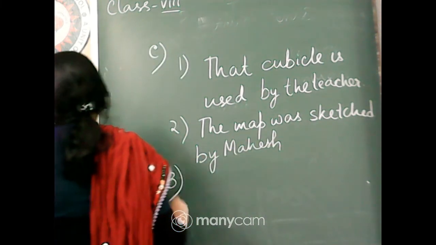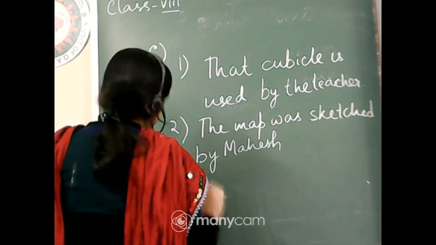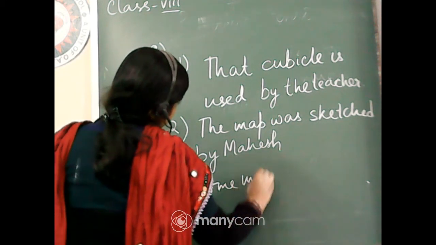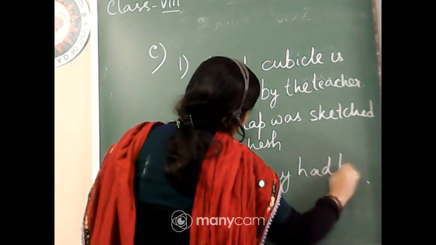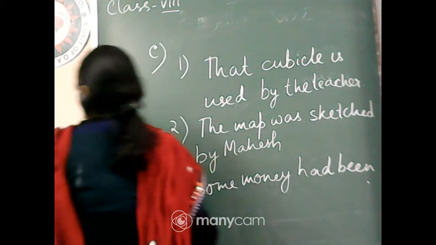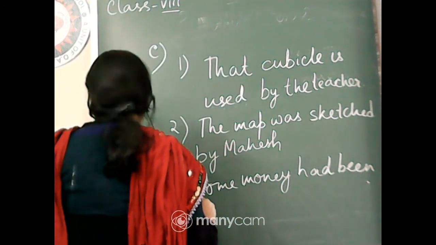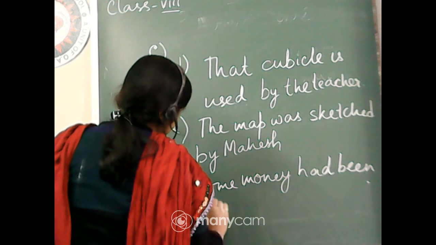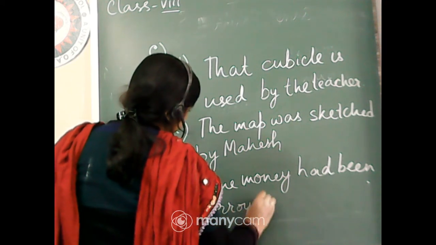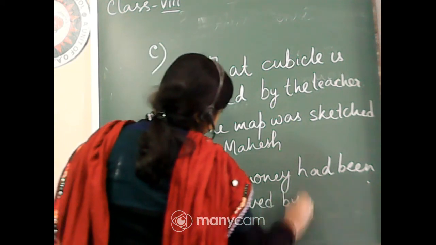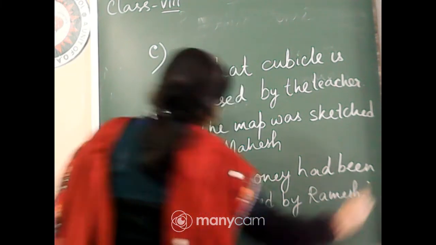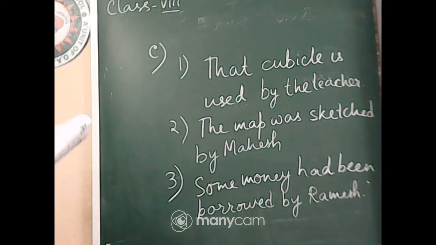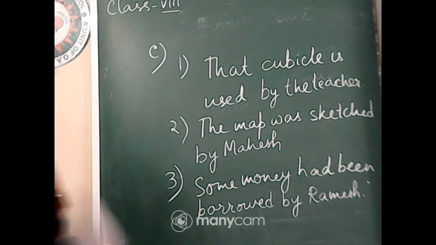Number 3, some money had been borrowed by Ramesh. Number 4, Neha is selling fruits in the market. Fruits are being sold by Neha in the market.